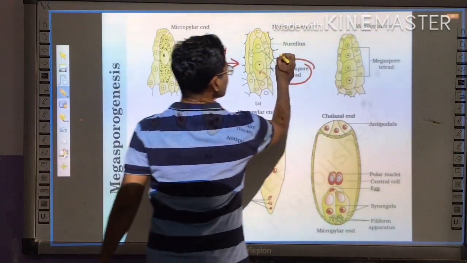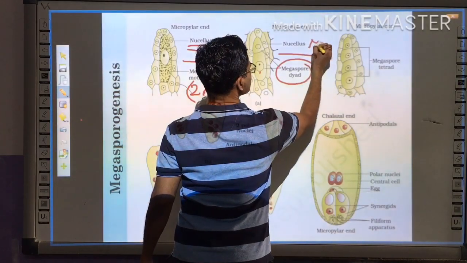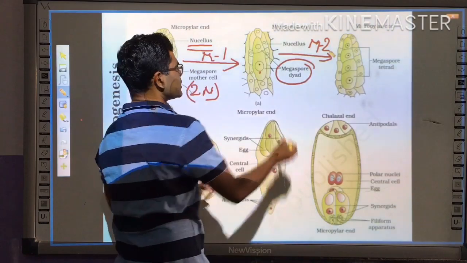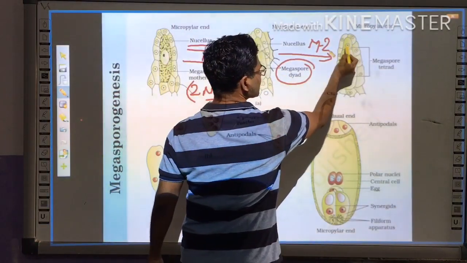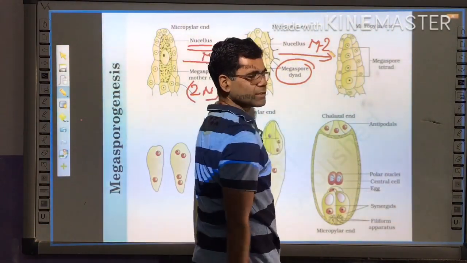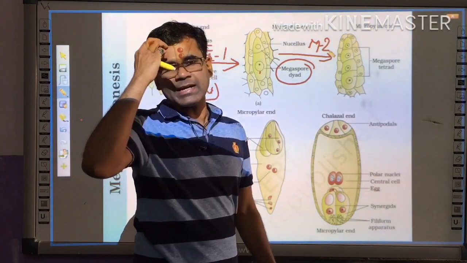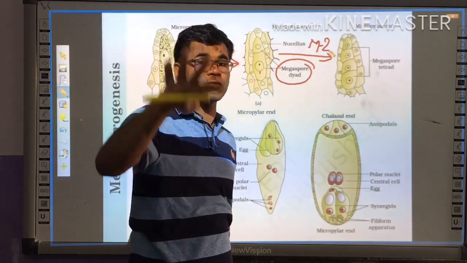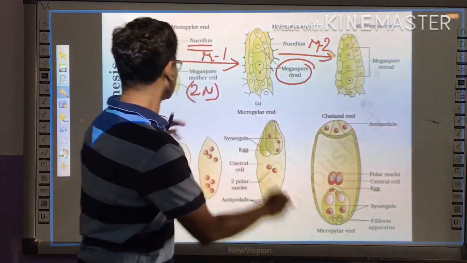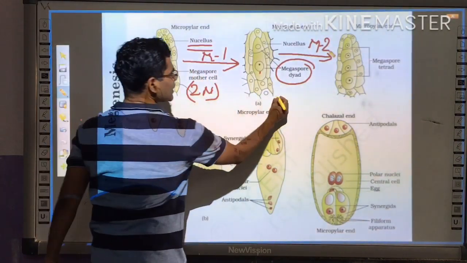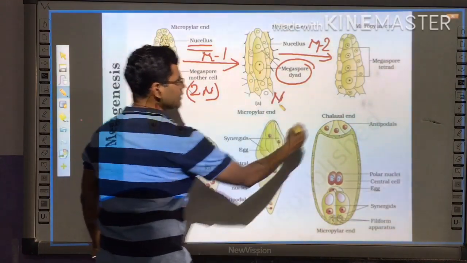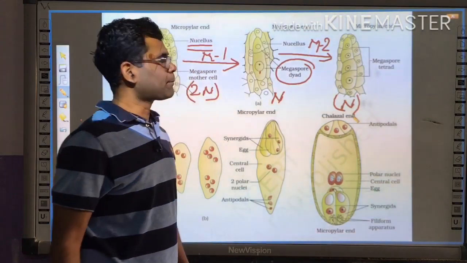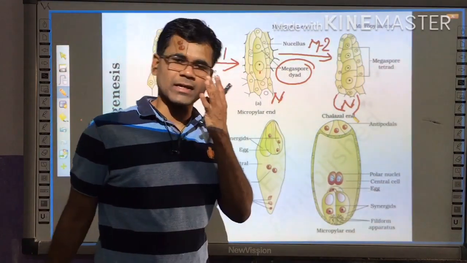This undergoes further meiosis 2, and these two cells further split into four cells, called the megaspore tetrad. Tetra means 4. Now the diploid mother cell converts to haploid, and here also there are 4 haploid megaspores.